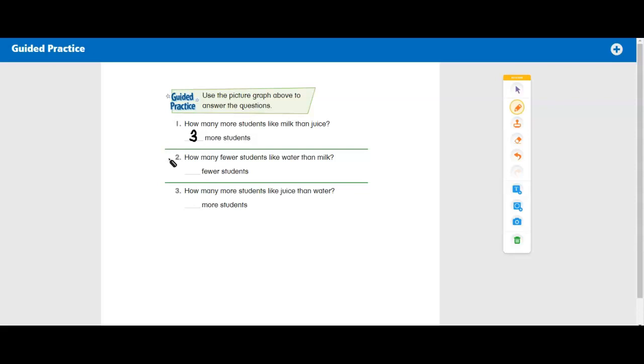We can see that there are 5 more milk cartons than the water bottles, which also means there are 5 less students who chose water than milk. So we would write 5 in our blank.